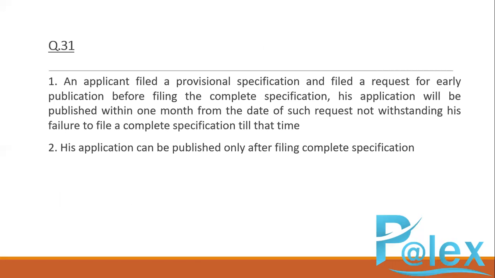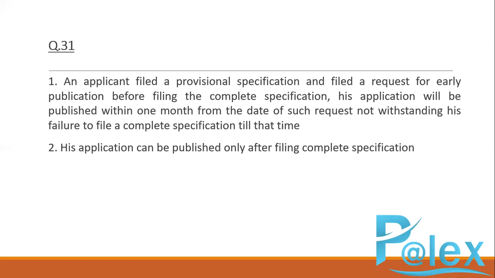Now question 31. So this is applicable for questions 31 to 40. Applicant filed a provisional specification and filed a request for early publication before filing the complete specification. His application will be published within 1 month from the date of such request, notwithstanding his failure to file a complete specification till that time. This is a false statement. A provisional cannot be published, first thing.